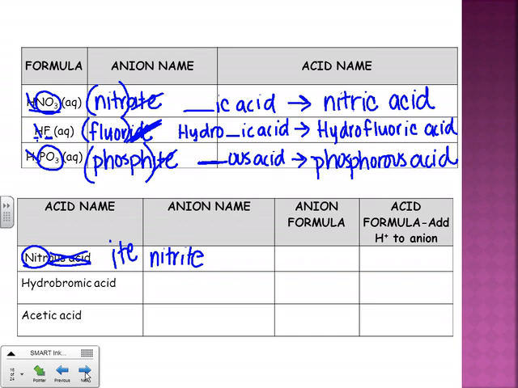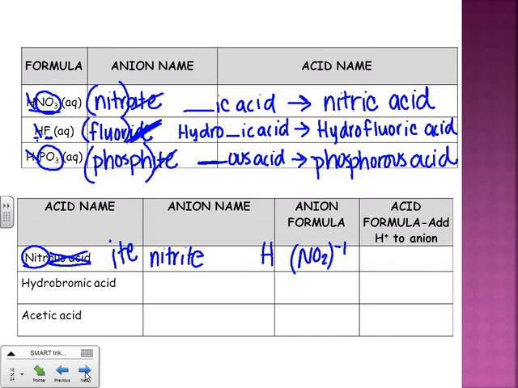Okay, now nitrite is a polyatomic ion. It's NO2 with a -1 charge. So what we have to do, since every acid has an H in the beginning, I'm going to crisscross this formula with an H plus ion.